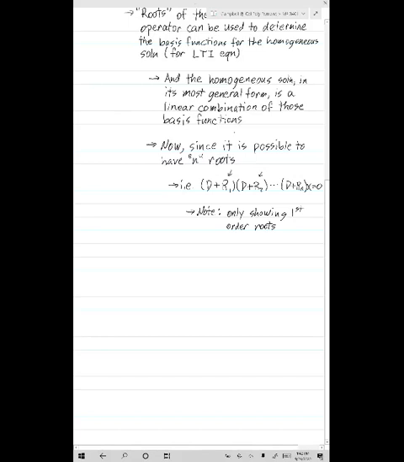So with that, clearly we can see that each root now captures its own, here I'll say a, basis function.